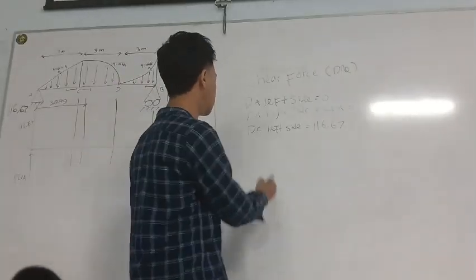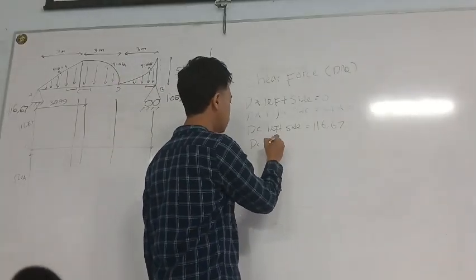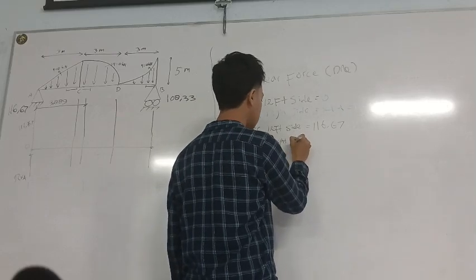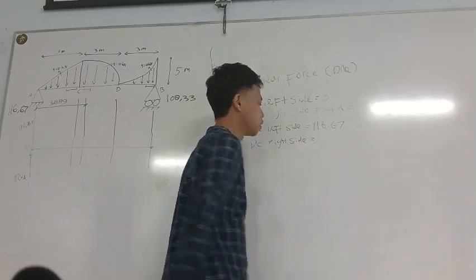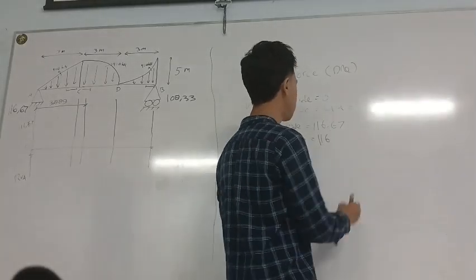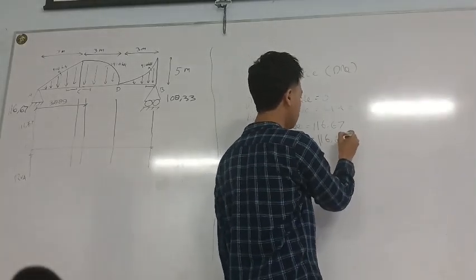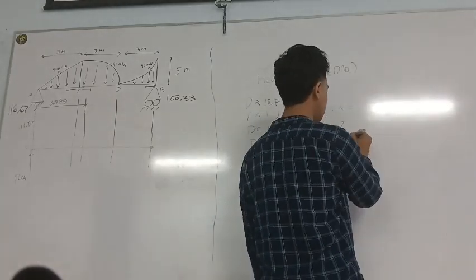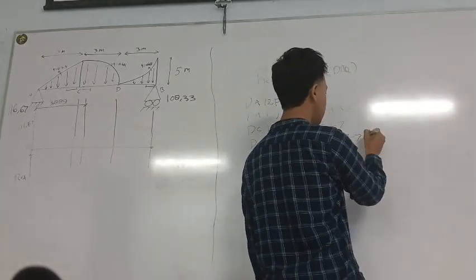So then DC right side is 116.67 minus 75.